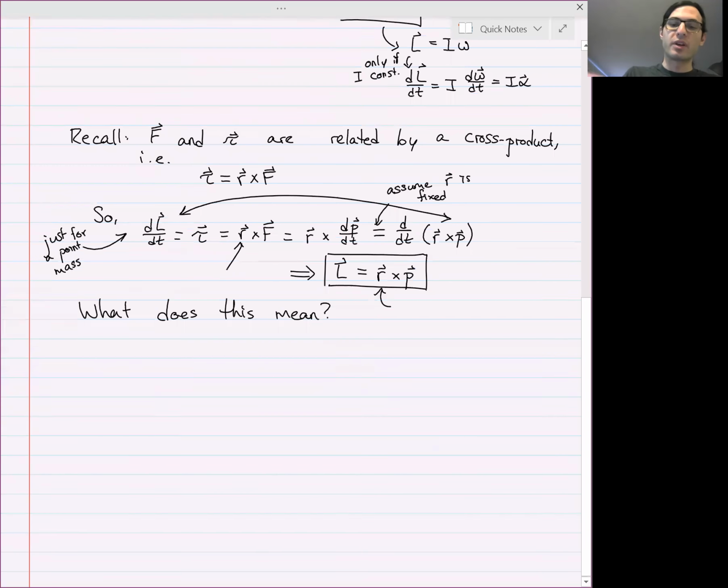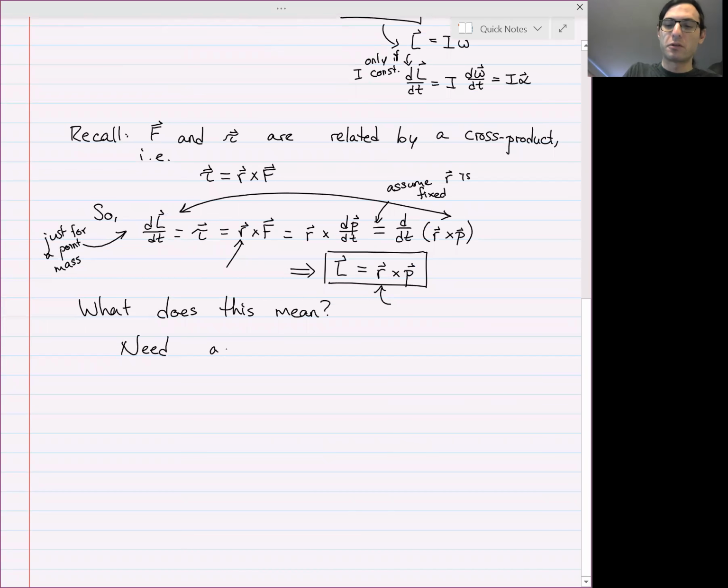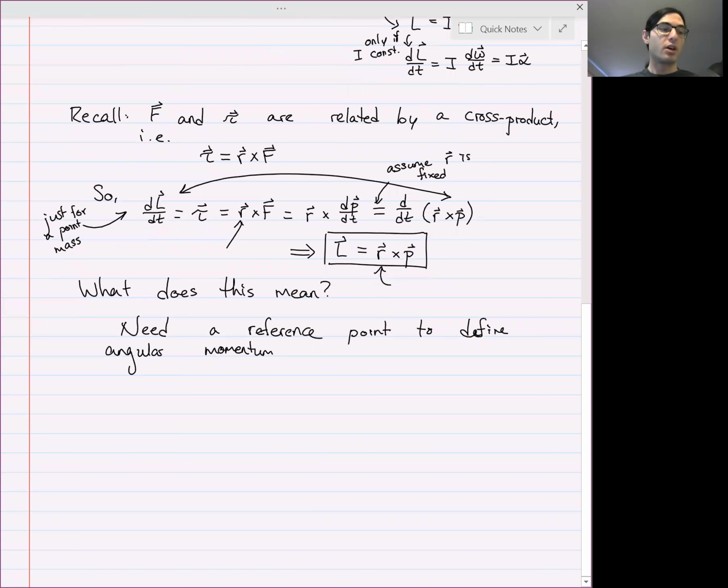So first, we need a reference point. Just like for torque, we need a reference point for this angular momentum. So the standard thing to do is we put the origin of the system, i.e. where x and y are both equal to 0, for example, at that reference point.